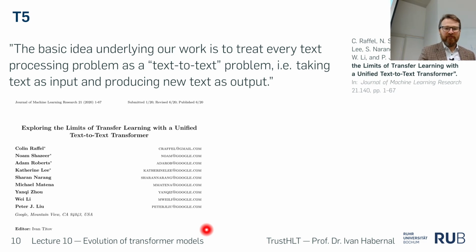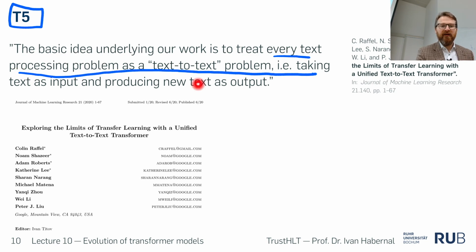There's a very cool paper about this by Colin Raffel and other authors called T5. T5 was an encoder-decoder model, with some differences in the architecture from the transformer encoder-decoder, but basically it's mostly the same type of model. And what they propose is that you take every text processing problem and turn it into a text-to-text problem, taking text as input and producing new text as output.